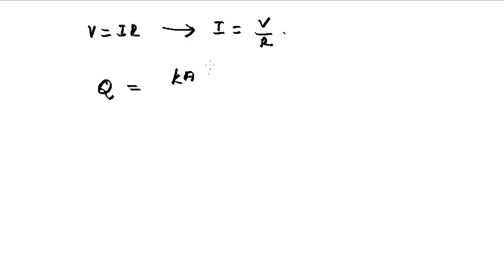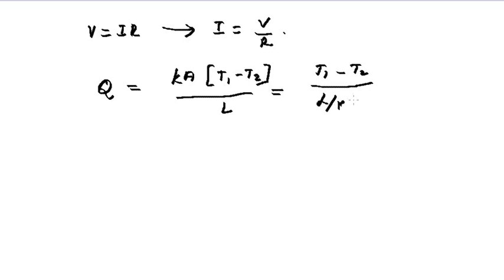Now what is meant by the resistance concept? Similar to a circuit, where we have V is equal to IR, or the current flowing through a particular coil is I is equal to V by R. Similarly, in case of heat flowing through, we have the equation Q equals kA into (T1 minus T2) divided by L. This equation can be modified into Q equals (T1 minus T2) divided by (L by kA).